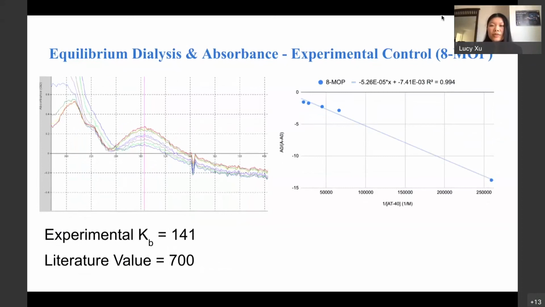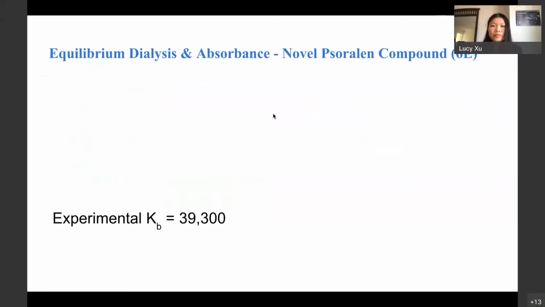I also used another experimental control, 8-MOP, which also has a known DNA binding constant, and this had an experimental Kb of 141 compared with a literature value of 700. Once again, in the relative magnitudes, we can use it as a basis of comparison to compare the relative DNA binding constant of 6E with these two controls.